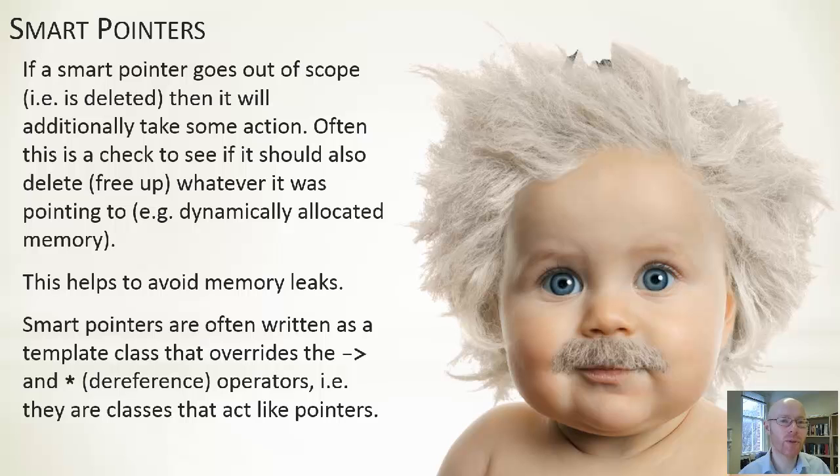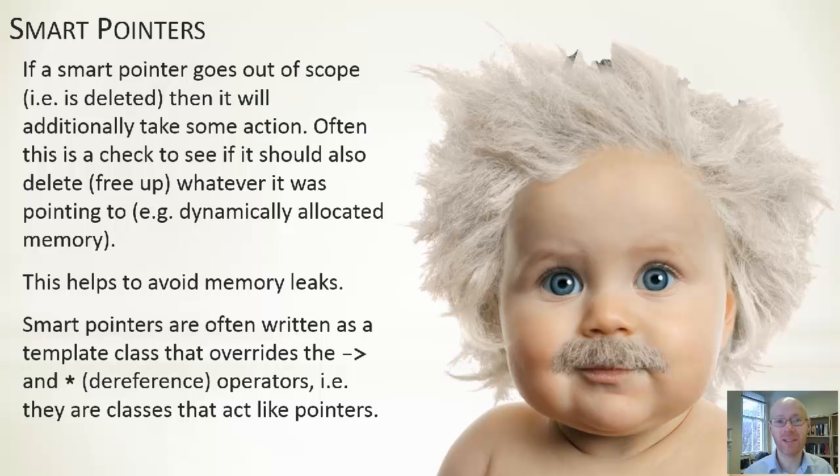The reason they're called smart is that they will manage and do a number of things. You can set a smart pointer up to say: I want you to point to something, and if ever you go out of scope, so you're going to be deleted, delete the thing you point to as well. You also can have reference counting smart pointers: if you have an object and multiple pointers pointing to it, they will know amongst themselves how many point to this one.